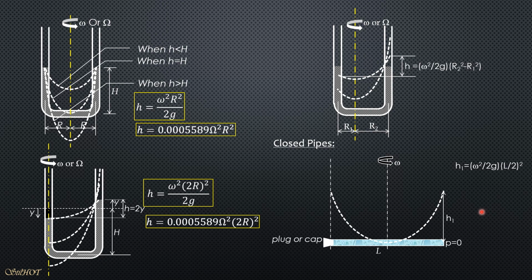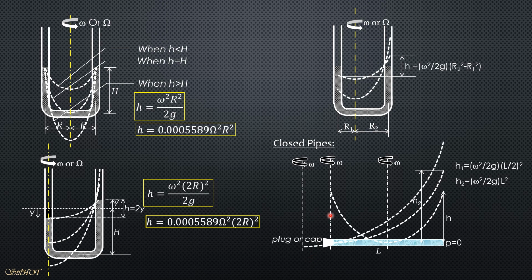Then when the vertical axis of rotation is through the plug or cap, because the pressure here is zero, the vortex forms here and it will form an imaginary surface like that, and the height is denoted by h sub 2, and h sub 2 is omega square over 2g L square, because the radius is L. Finally, if the axis of rotation is somewhere here and this distance is big R, then the surface still passes through this zero pressure at the cap, and the vortex is below that cap.